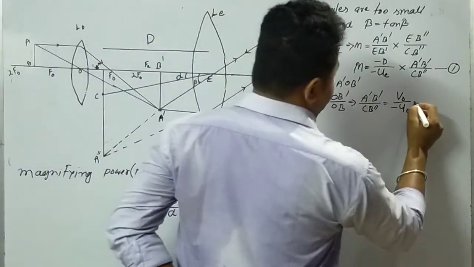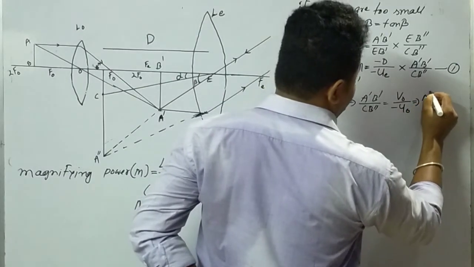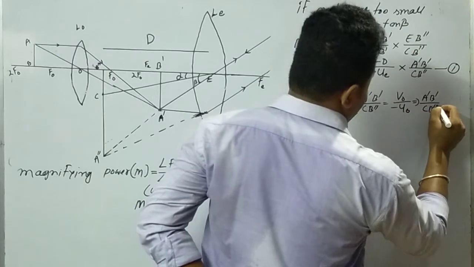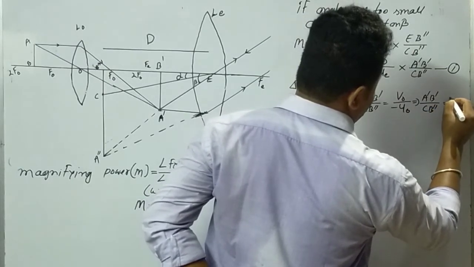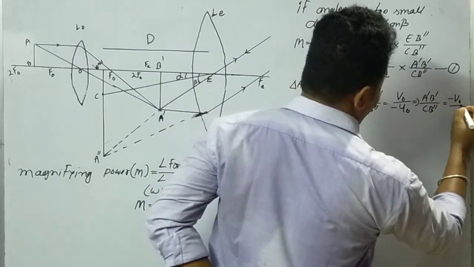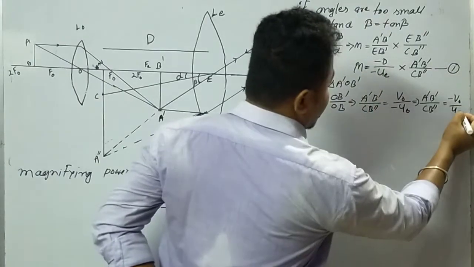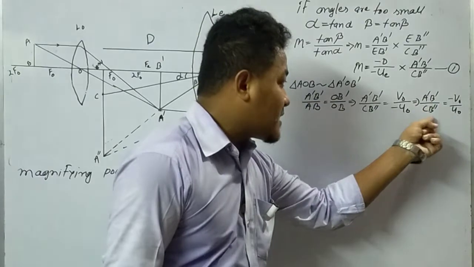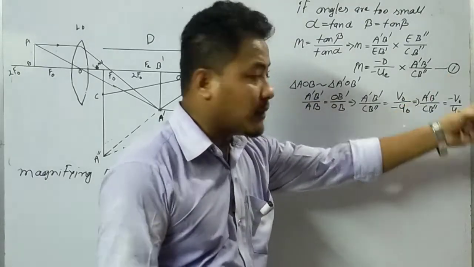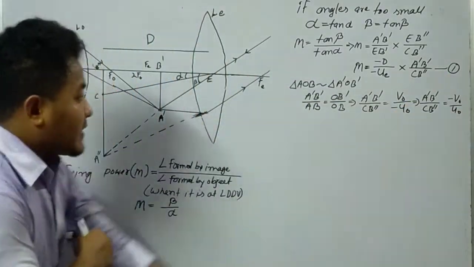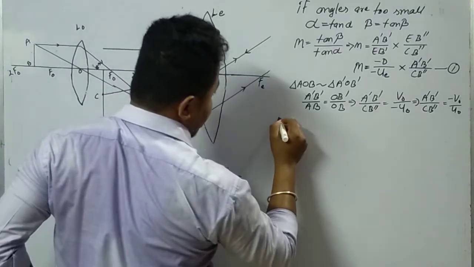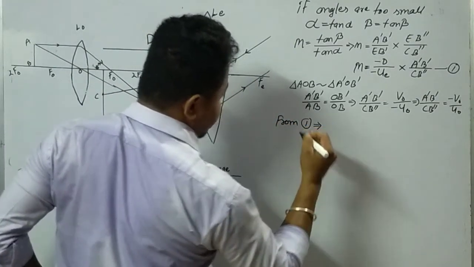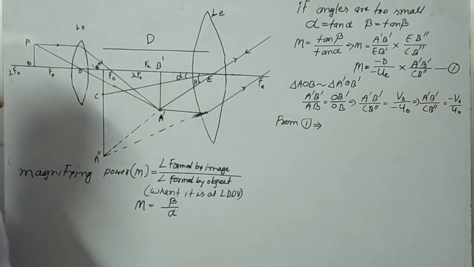That means we can find the value of, now we have found that A'B' by CB'' is equal to minus vO by uO. Now this value A'B' by CB'', we can put in number 1 equation. So I will write now from number 1. From number 1 equation, what you will find?